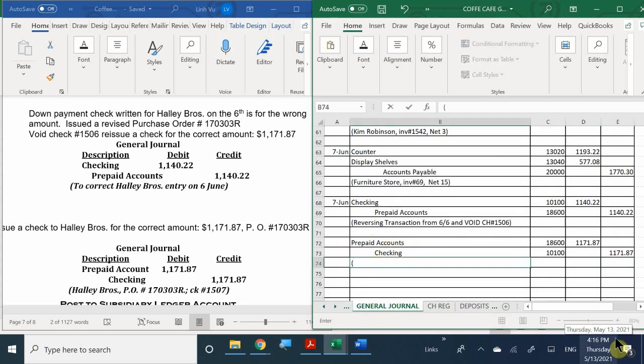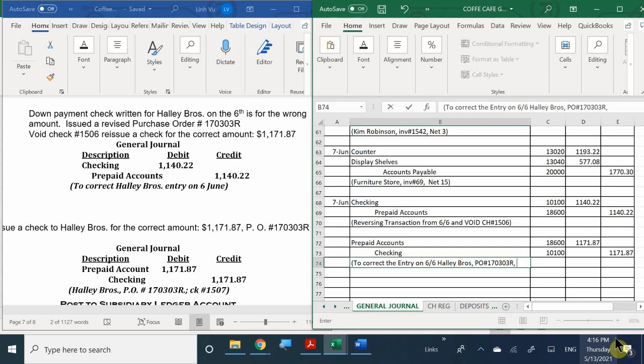So now we're going to say: to correct the entry on June 6th, Hallie Rose, PO number 17303R, since it's the revised version now.